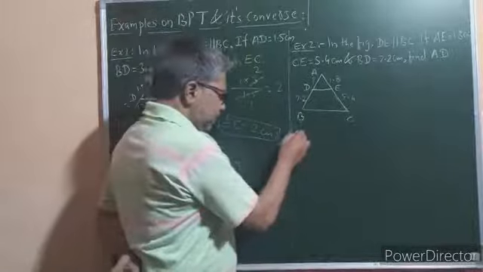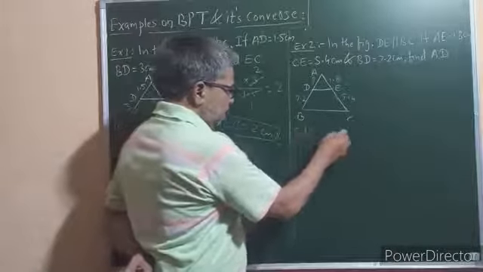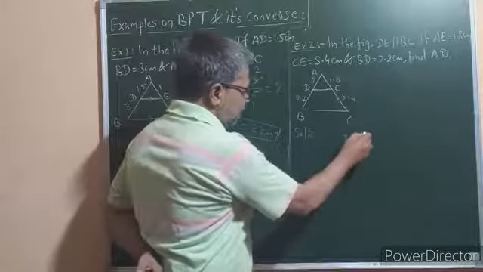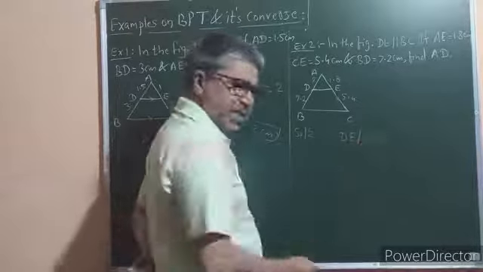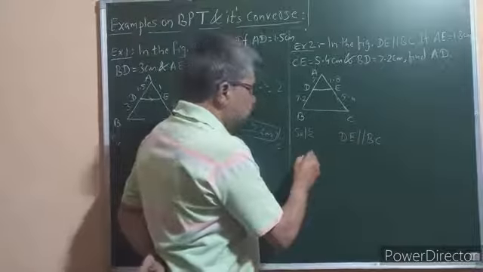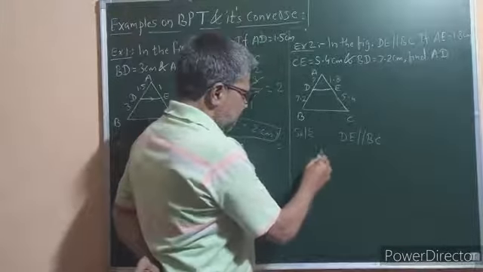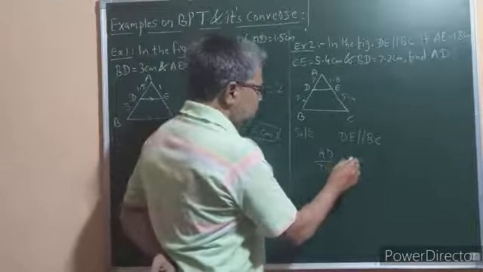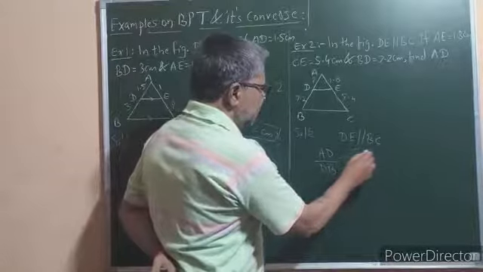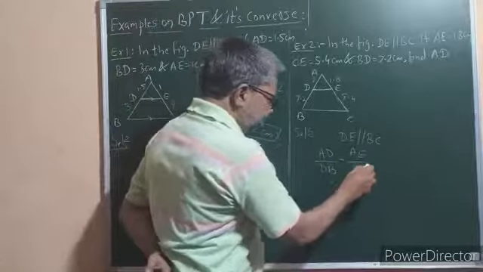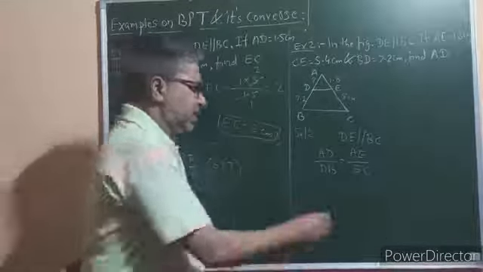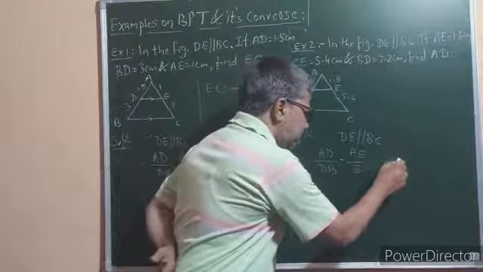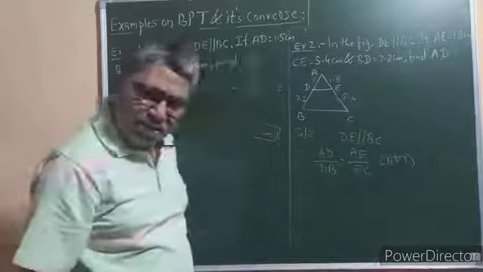So since in the figure DE is parallel to BC, therefore the length of AD divided by the length of DB will be equal to the length of AE divided by the length of EC. This is by BPT or Thales theorem.